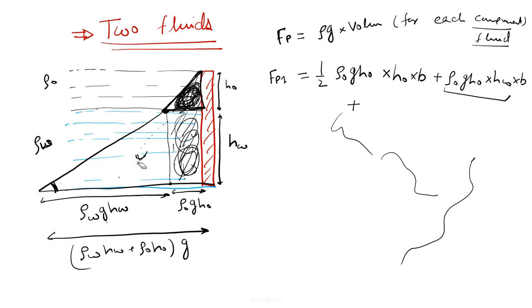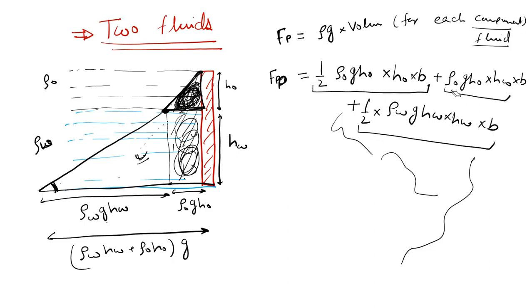It is this: half into rho W g h W, length h W and width B. So this is pressure force 1, 2, 3: Fp1, Fp2, Fp3, and if we add all these three, we get the net pressure force.